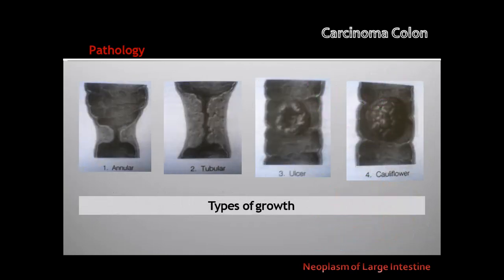These are the annular, second the tubular variety, third the ulcer, and the fourth the cauliflower type. Annular and tubular forms mostly present with obstructive symptoms, but the ulcerative and cauliflower types mostly present as bleeding per rectum.